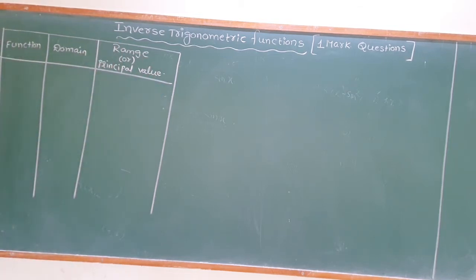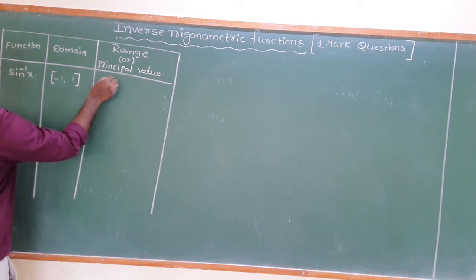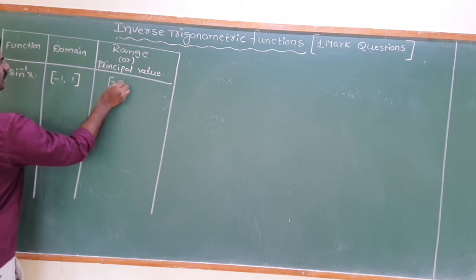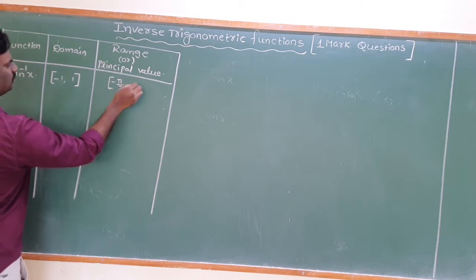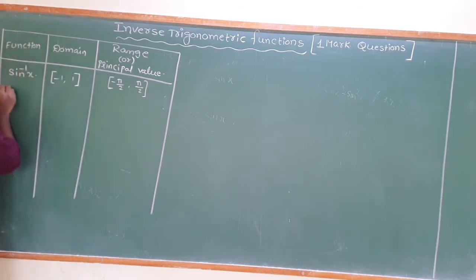Okay. So first function is sin inverse x. The domain of sin inverse x is closed bracket -1 comma +1, and the range is closed bracket minus pi by 2 to pi by 2. This is the domain and range of the first function.